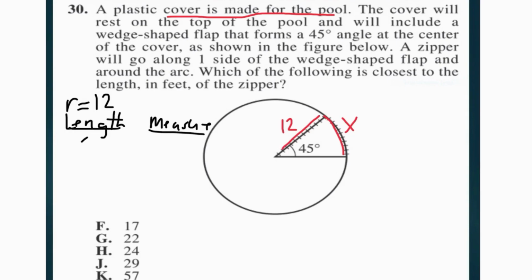In the first ratio, we're going to be using the length. We want to find the arc length, so we're going to put x on top, and the length of the whole circle, which is the circumference of the circle, right? The circumference goes all the way around, and we know that the circumference of a circle is 2 pi r.